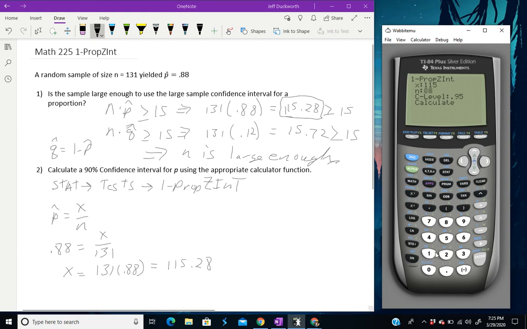All right, so n is 131. We want a 90% confidence interval, so this is going to be 0.9. And now we calculate, and up there is our interval. So our 90% confidence interval goes from 0.831 to 0.925.